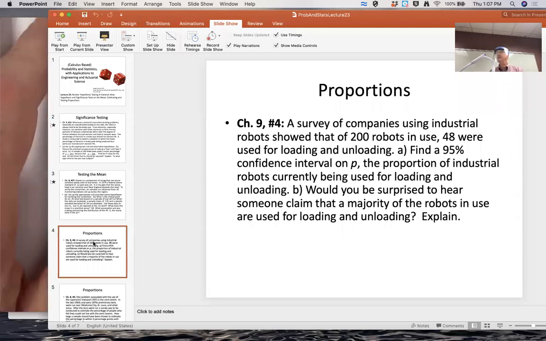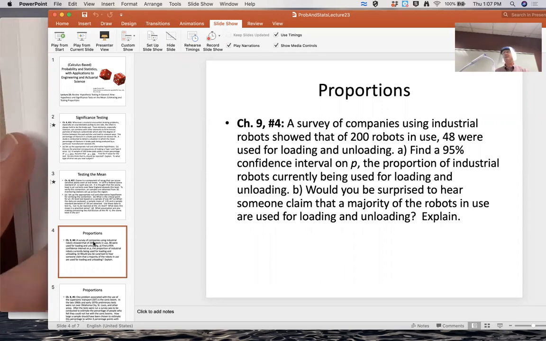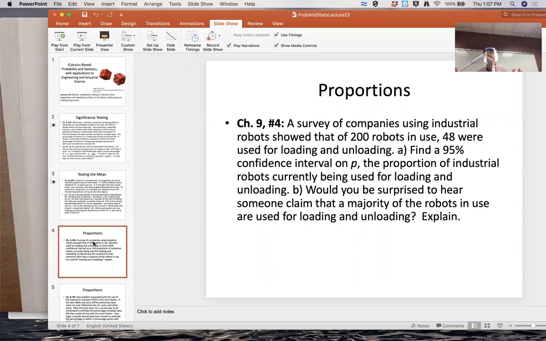I will tell you that people who both study and use statistics debate about all this kind of stuff all the time. There are people out there who just don't like doing hypothesis testing at all. They think nobody should do it. You can find articles about this.